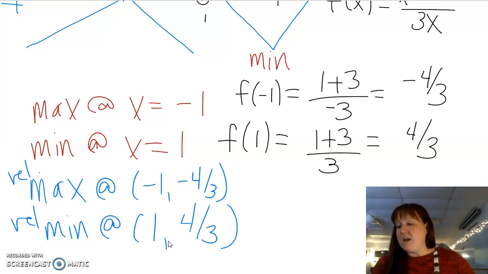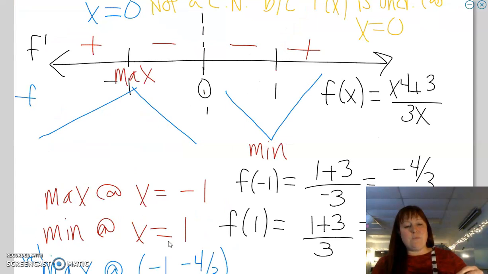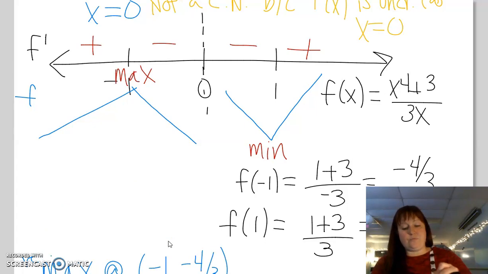What's happening there? And then it also says find the intervals where it's increasing and decreasing. So if we look back here, from negative infinity to negative 1, it's increasing. So I'm going to write that in here.